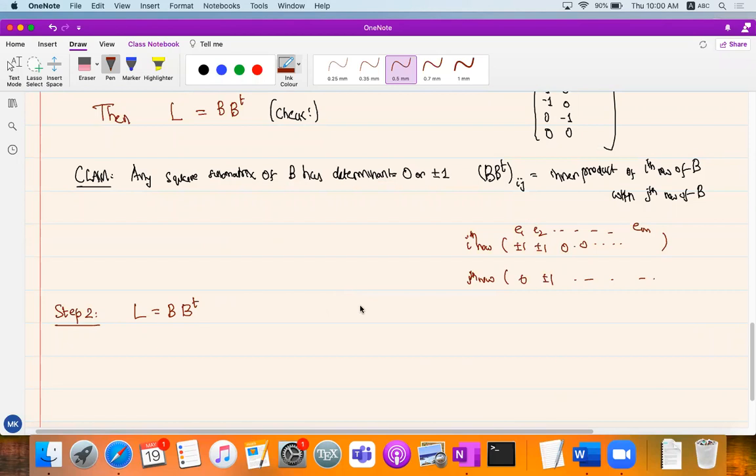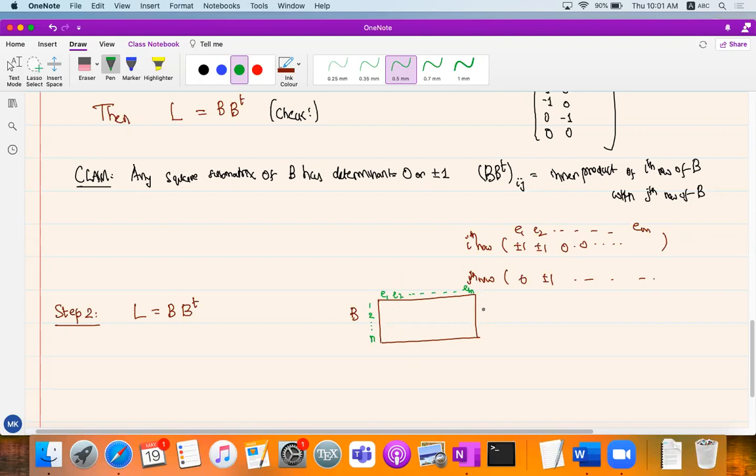So let's write it out. So B is like this. B we should think of as, usually there are more edges than vertices, right? Usually. So I'll write it like this. Rows are indexed by vertices and columns are indexed by edges. So think of this as a long rectangular matrix.